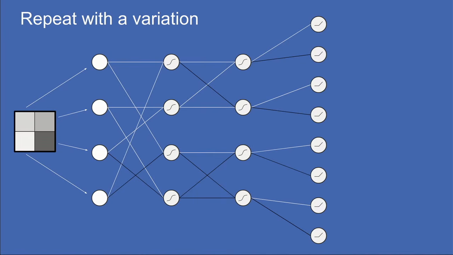Now there's one more thing that we can do. Remember our rectified linear unit. We can have different neurons here. And instead of a weighted sum and squash, we can just have something that takes the input and spits out 0 if it's negative, and the original value if it's positive.